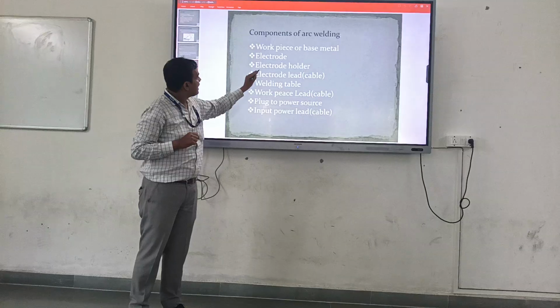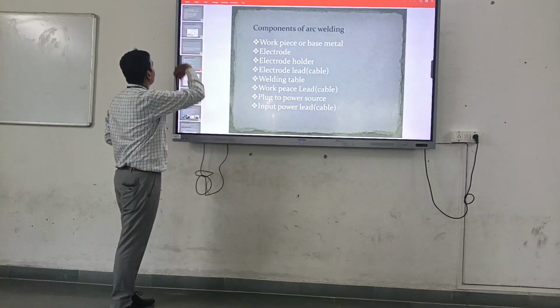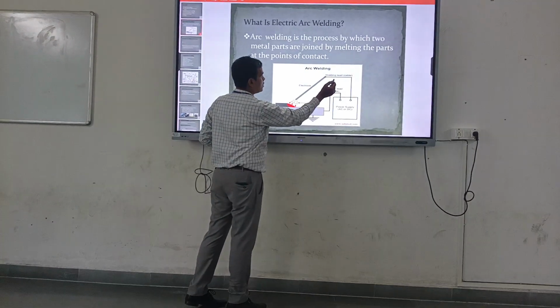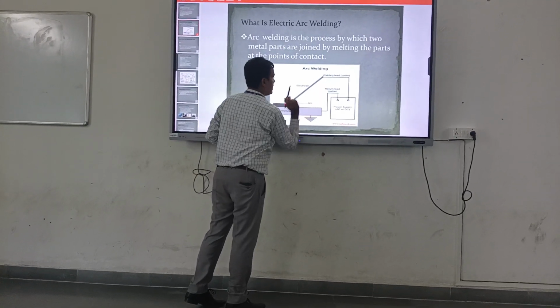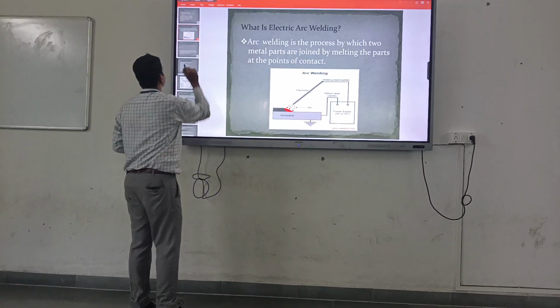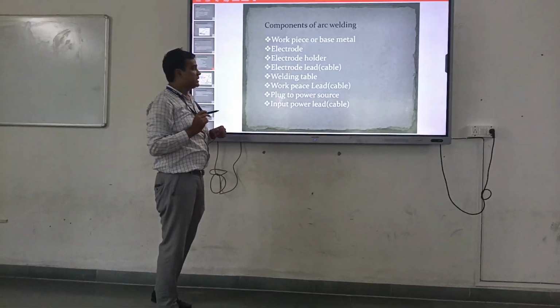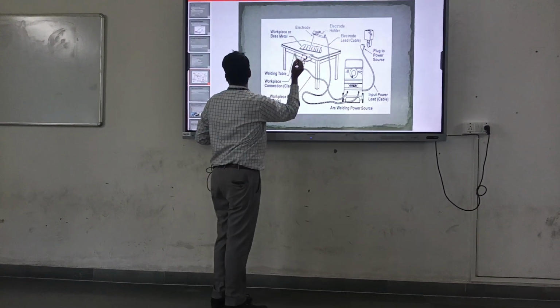Second, the electrode holder, shown in the previous figure. This one is the electrode, and this one is the electrode holder. Next is the welding table. This one is the welding table.